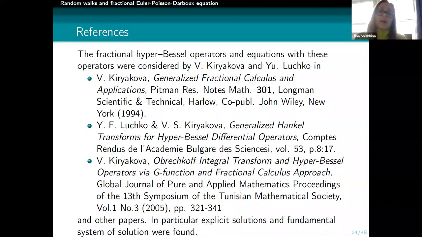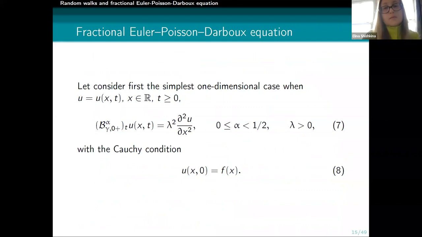But I consider next this equation 7, which is now not one-dimensional. Now we have the derivative by t, the fractional power of the Bessel operator, and the regular, just simple second derivative by x. And also here we have alpha from 0 to 1/2.